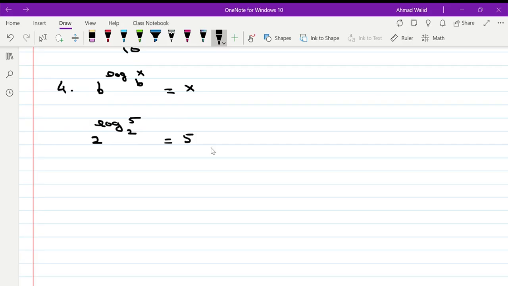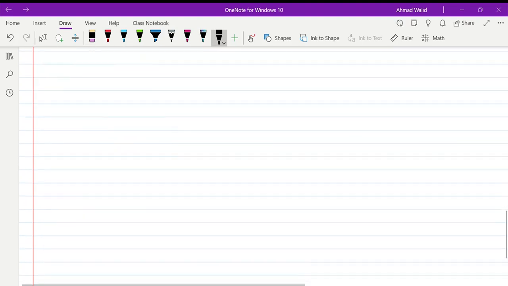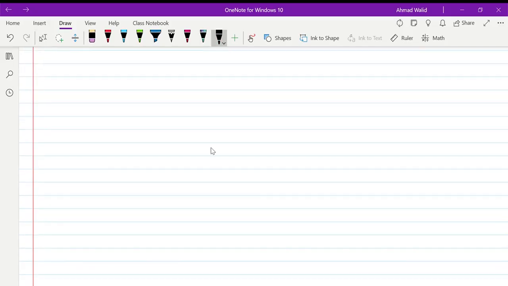Now, let's practice at least a few more problems dealing with these 4 rules that we just learned. Example number 1. Find the logarithm. Correct?